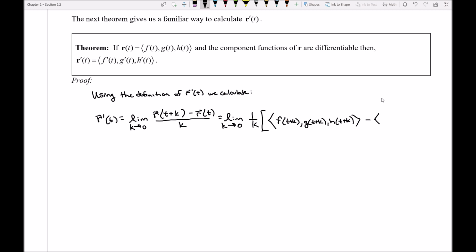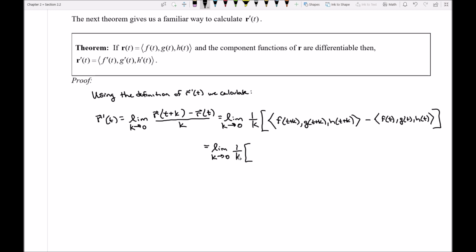So my r of t vector just looks like f of t, g of t, h of t. Okay, so I haven't really done anything except fill in some of the pieces that I already had. But what I can do now is think about doing this vector subtraction over here. What if I completed this vector subtraction and wrote the inside of those brackets as just a single vector?